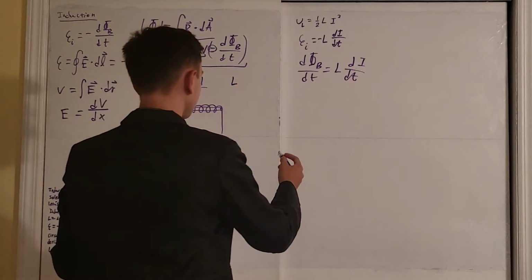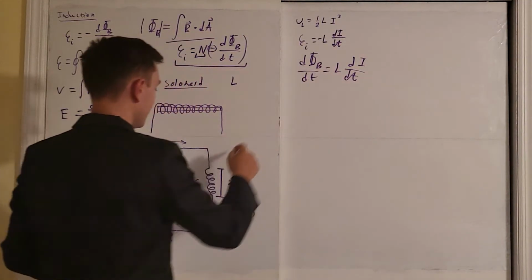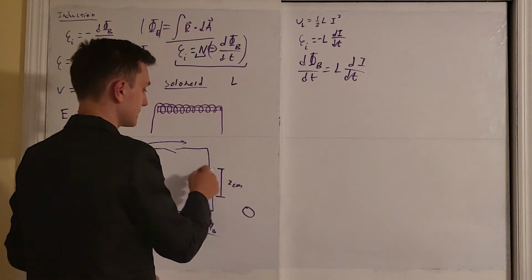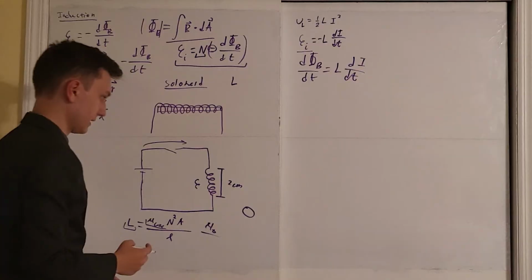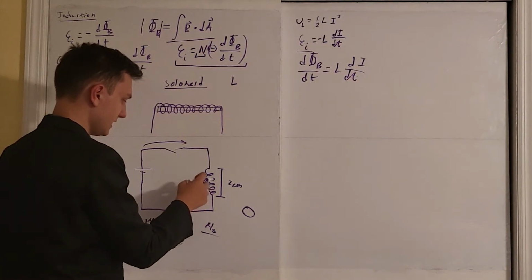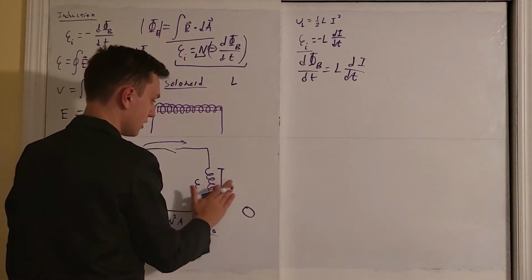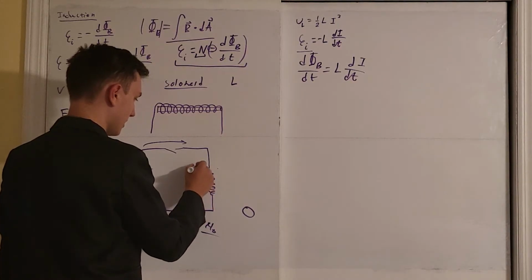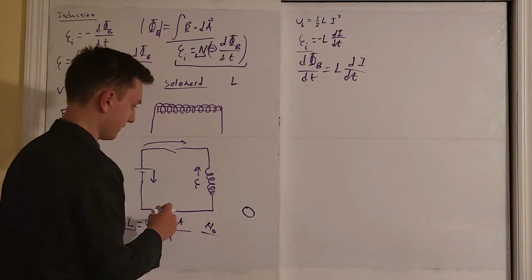Okay? So since the derivative of current with respect to time is very high, the negative direction of current is the direction in which the EMF will be induced, okay? Like I told you before, if we connect a battery, in the very short time after we connect the battery, the inductor will create an EMF that is equal in magnitude and opposite in direction to the EMF of the battery.